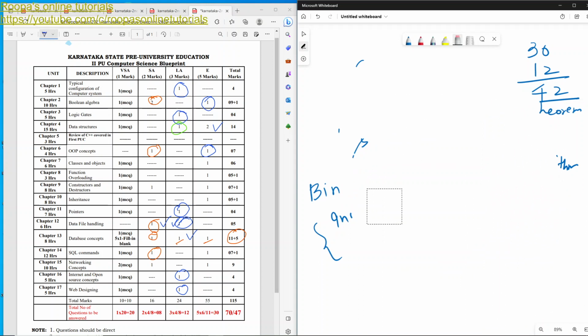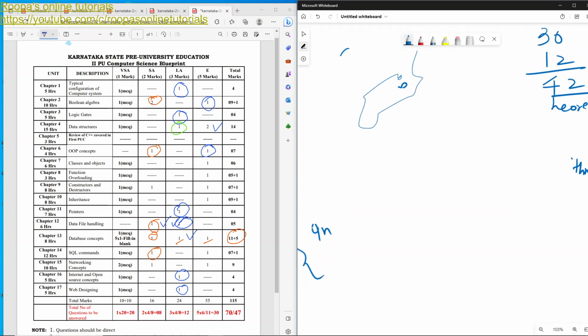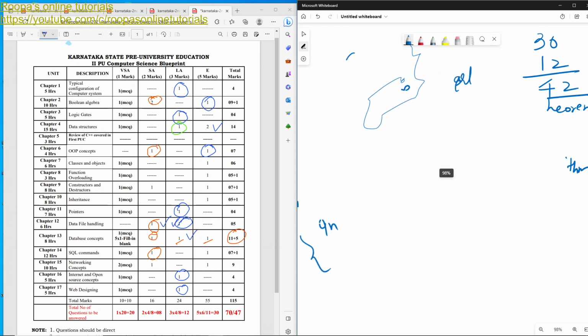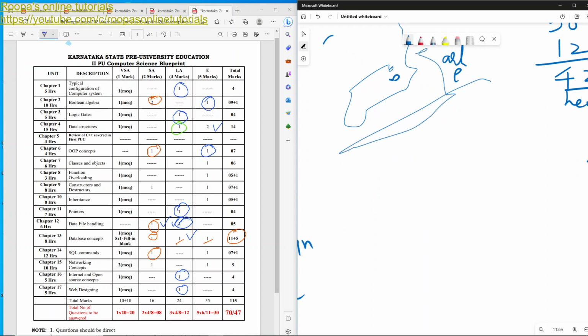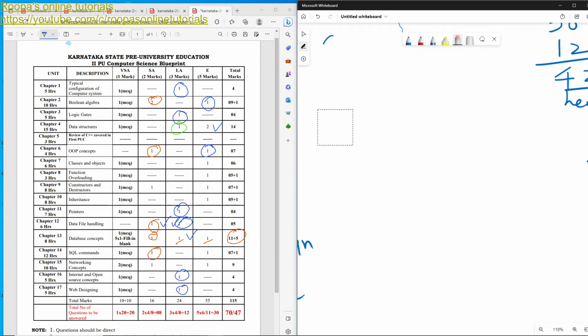They don't ask such direct questions, which are easier to write. So as I told you, if the words earlier programming languages come, sorry, my pen tablet is dancing now. If earlier programming languages comes, then you have to write about the advantages of OOPS over earlier programming languages.